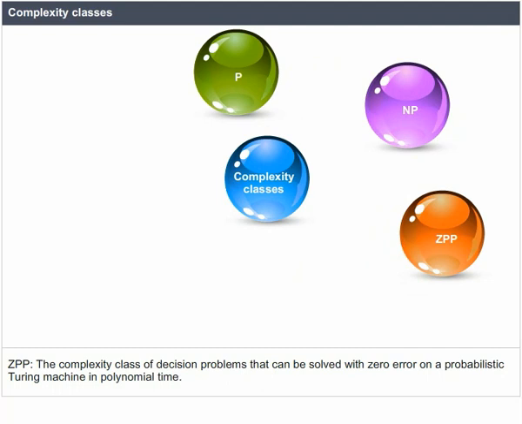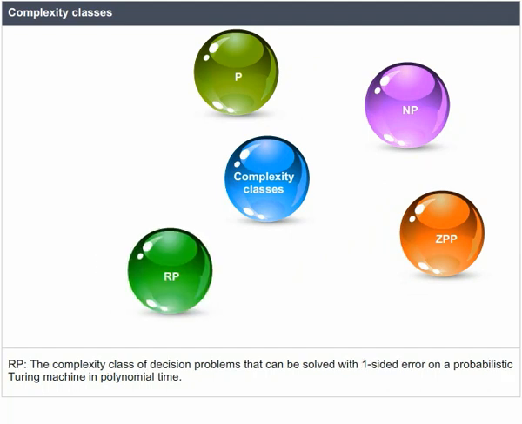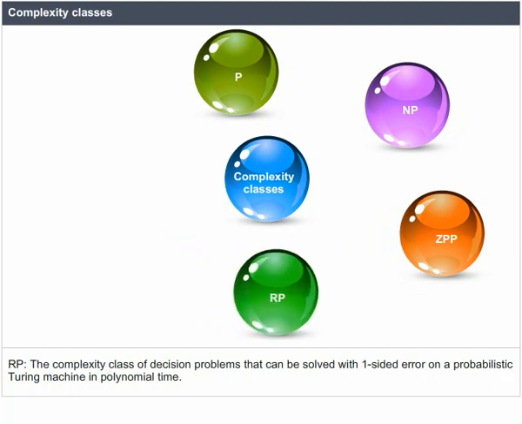ZPP. The complexity class of decision problems that can be solved with zero error on a probabilistic Turing machine in polynomial time. RP. The complexity class of decision problems that can be solved with one-sided error on a probabilistic Turing machine in polynomial time.